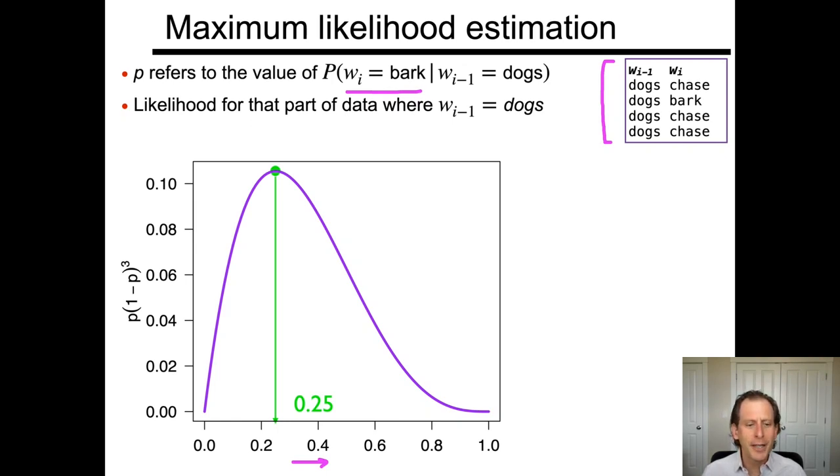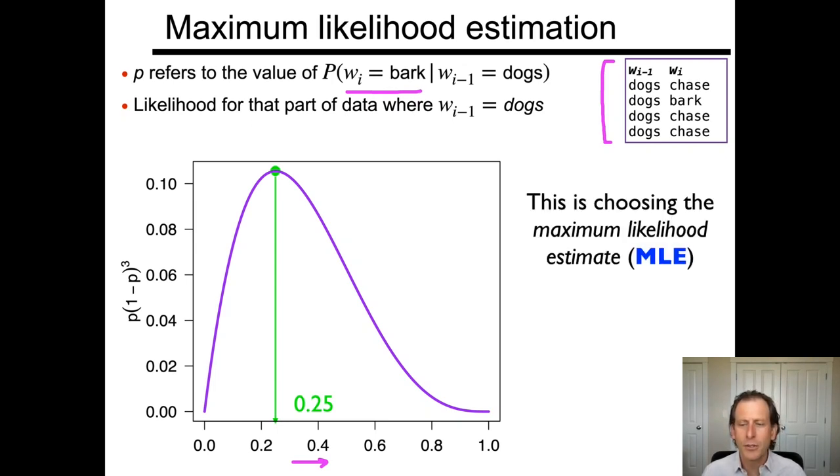Now, you'll notice something interesting. Maximum likelihood estimation says I should set this parameter p to 0.25. This is also the proportion of times in the data that, when the previous word was dogs, the next word was bark. So it's 1 out of 4. And that is not an accident.